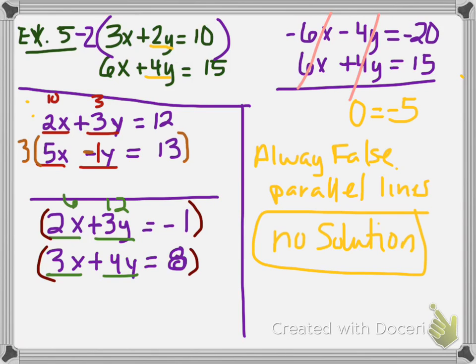So I would have to multiply this 2 by a 3 and multiply that 3 by a 2. But keep in mind, we need to keep one positive, one negative. It doesn't make a difference which one you choose to multiply by, but I would just multiply the bottom one by a negative. So everything on top by 3, everything on the bottom by negative 2.